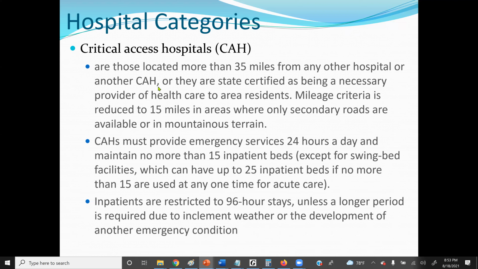Or they are state certified as being a necessary provider of healthcare to area residents. The mileage criteria is reduced to 15 miles in areas where only secondary roads are available or in mountainous terrain.